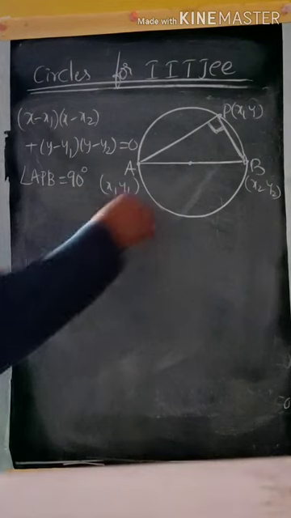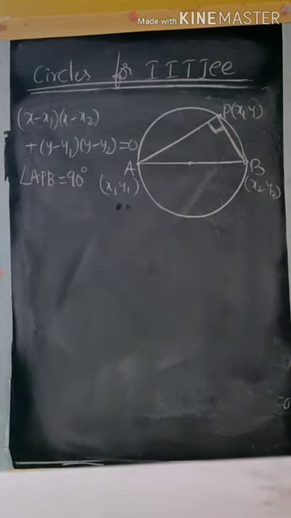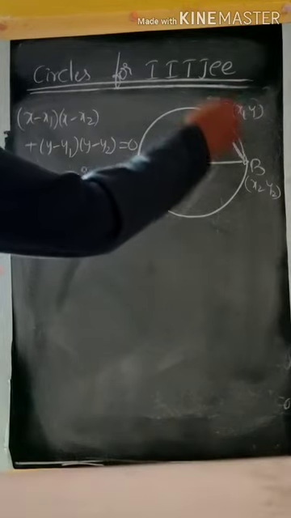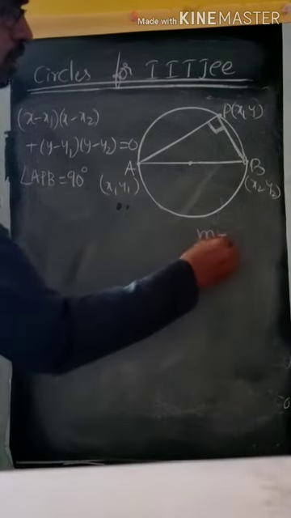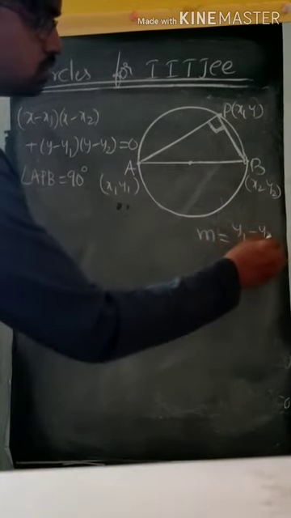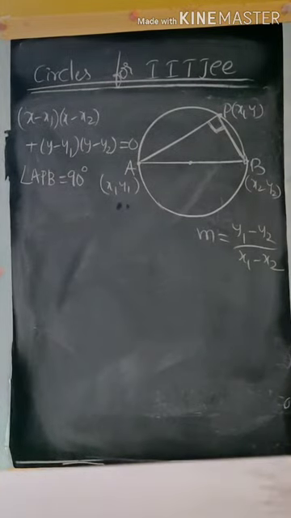And also we know that when two lines or two segments, whatever it may be, are perpendicular, the product of their slopes is -1. Slope formula we know that y1 minus y2 by x1 minus x2.